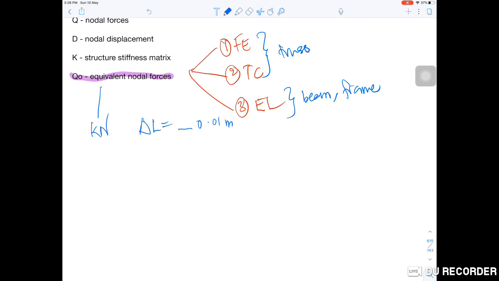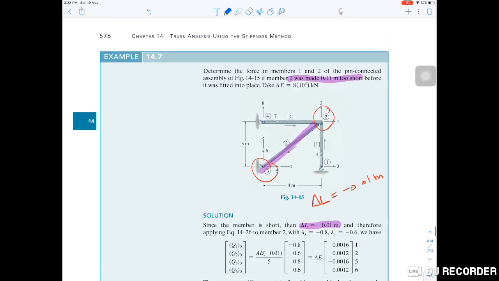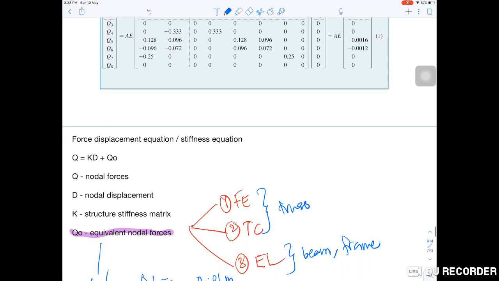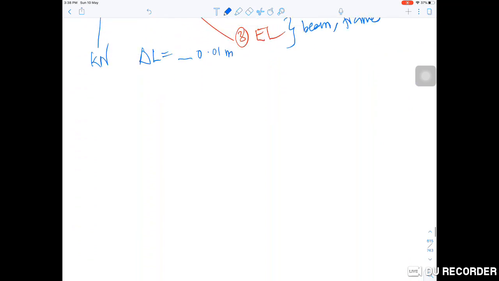So we need, member 2, means q2 not Q. We use small letter because this is for member. Remember, capital letter is for the reaction at the support. Member forces we use small letter.